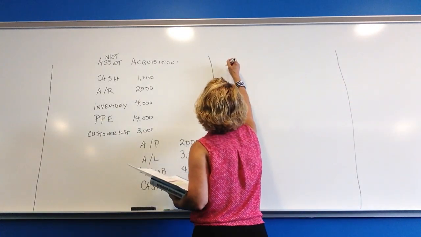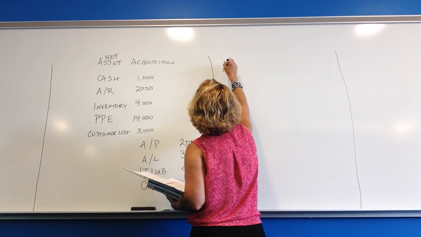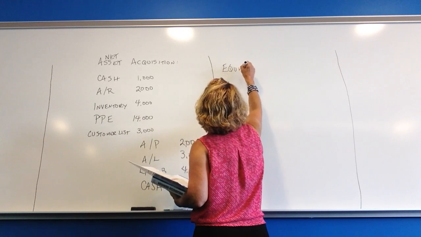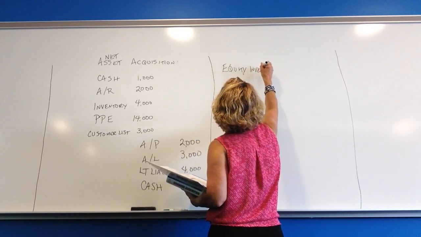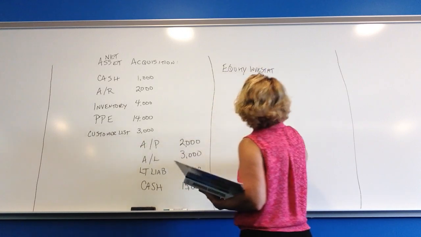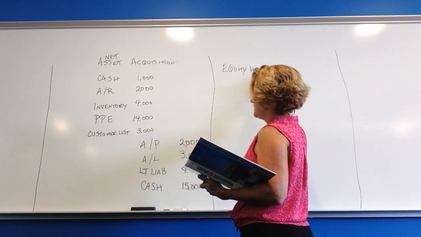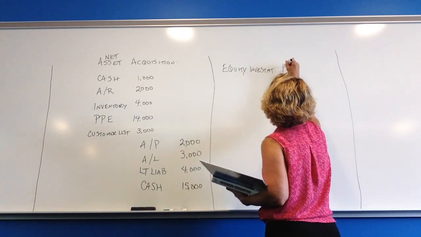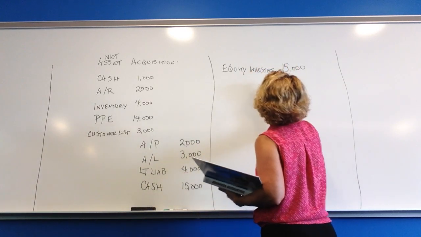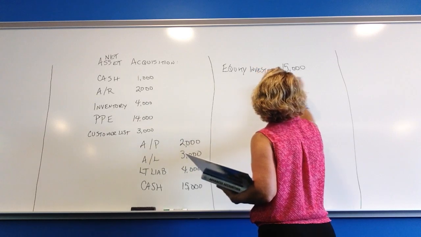So then in that case, what they have is they have an equity investment. Just to save on space, that equity investment is going to be worth the entire $15,000 that they pay, and then they're going to credit cash.